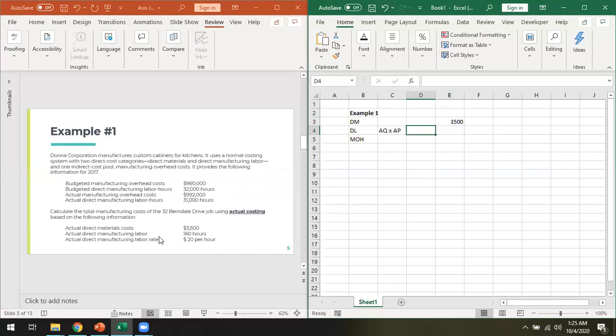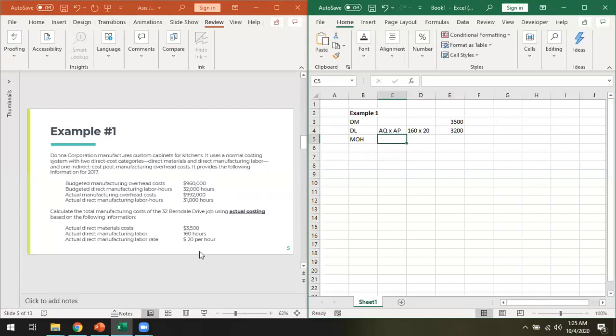The quantity here is how many hours were spent to make this custom cabinet, which is 160 hours, times the rate or the actual price of the direct manufacturing labor, which in this case is $20. Okay, so we get that the total cost of direct labor is 160 times $20.